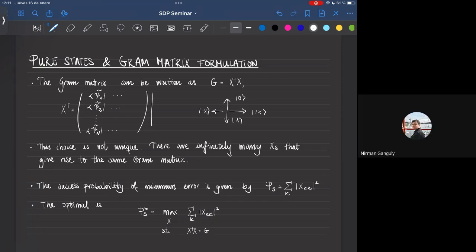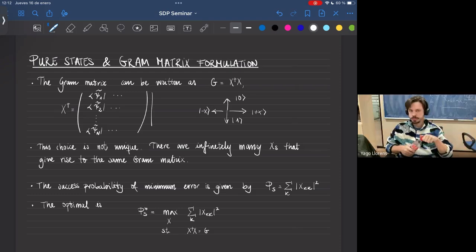What I'm saying is that suppose I have two ensembles that have the same gram matrix. If now my task is a discrimination task, I can say that for this particular task, those two ensembles are actually the same because they have the same gram matrix. But there may be some other task where the two ensembles are different, and that information is not contained in the gram matrix.